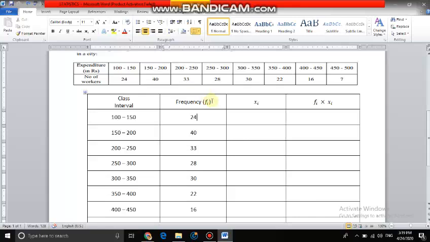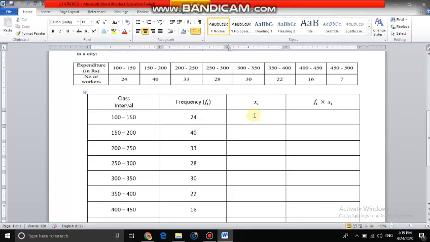We call them Fi, the frequency of that interval. Here 24 represents the number of workers who are spending between 100 to 150. Here 40 means there are 40 workers who are spending the amount 150 to 200 in a day or month, whatever is given in the question.